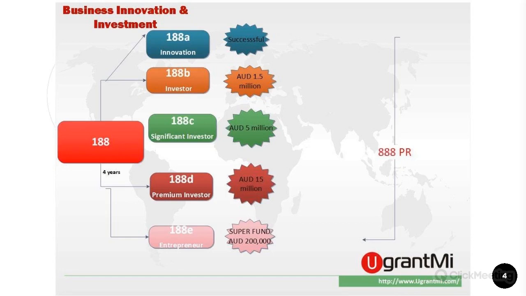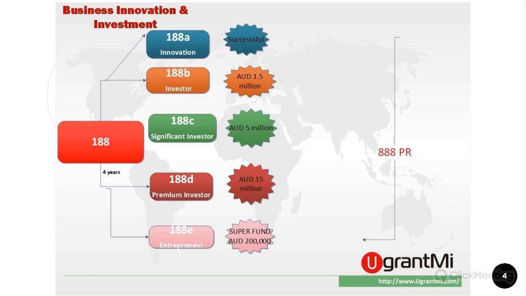On top of that, they require you to have at least 100,000 in funding available, because when you move to Australia, you need to purchase things like clothing, schooling, something like that. This is just for home and household expenses.